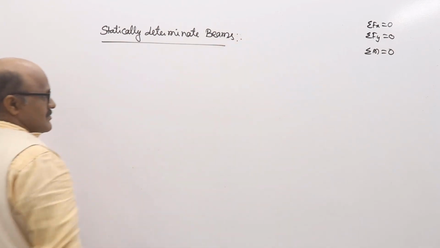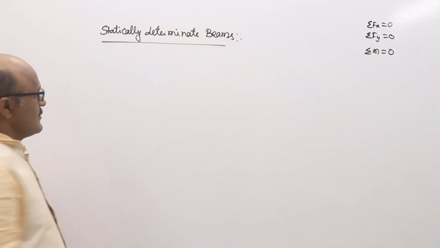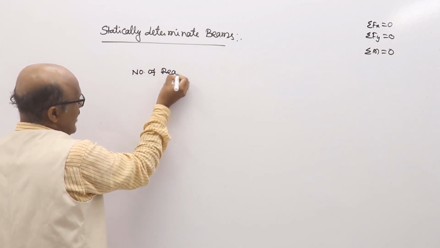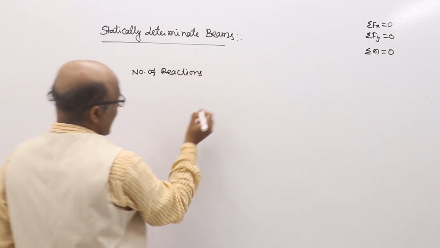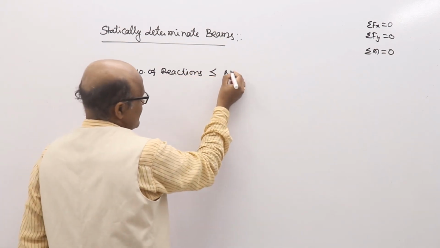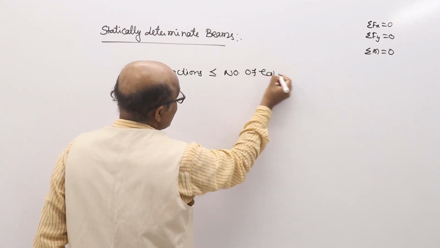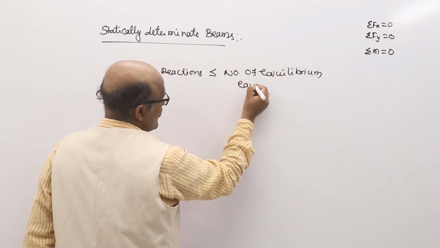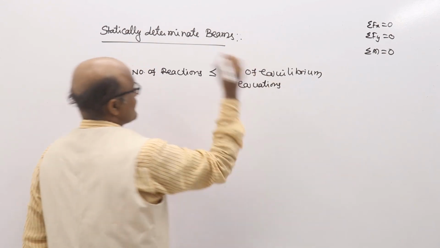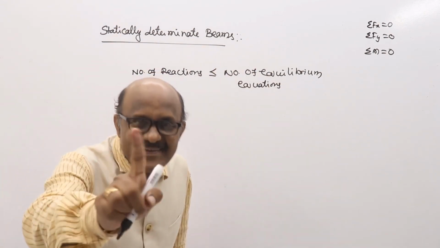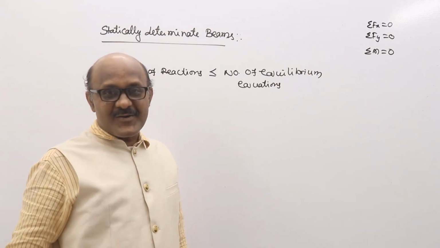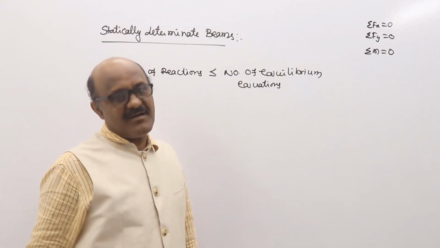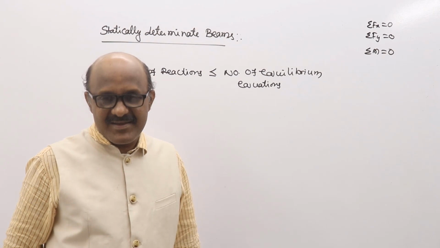Here, the number of reactions is less than or equal to the number of equilibrium equations. When the number of reactions is less than or equal to the number of equilibrium equations, all such types of beams are called statically determinate beams, my dear students.